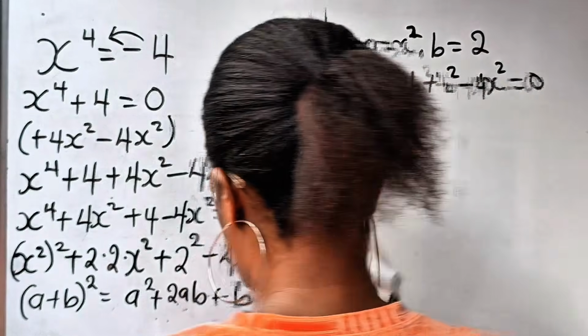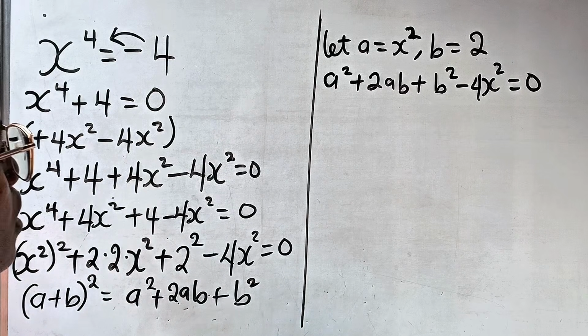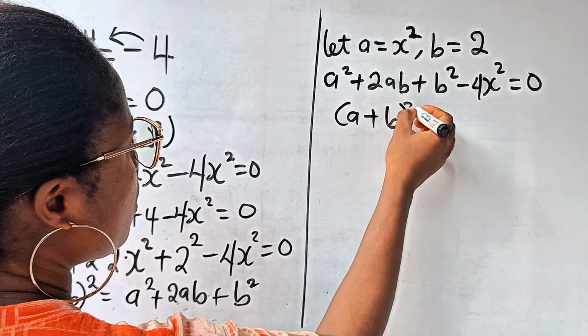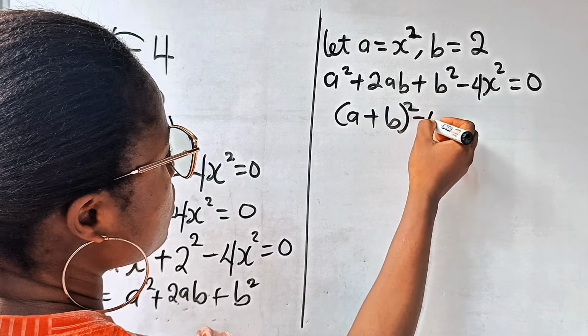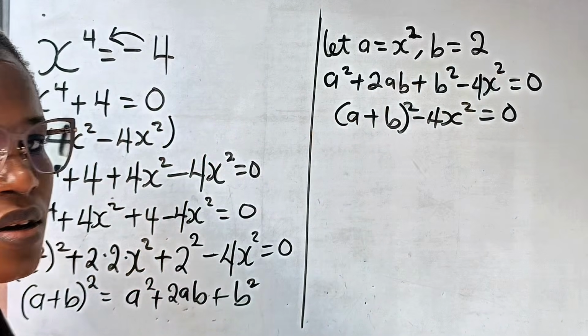So that simply means that we can replace the whole of this with a plus b all squared. So we can write this as a plus b all squared minus 4x squared is equal to 0.